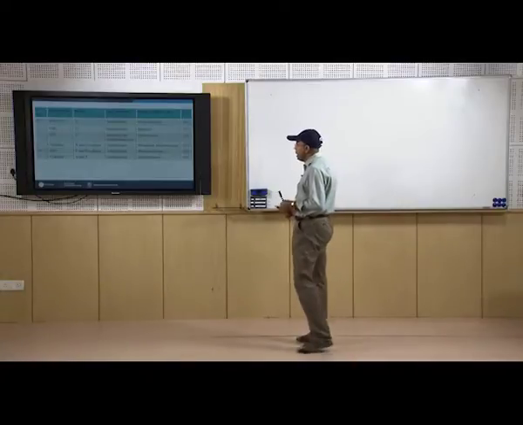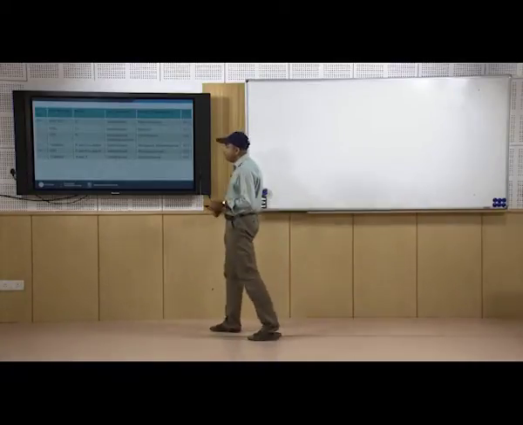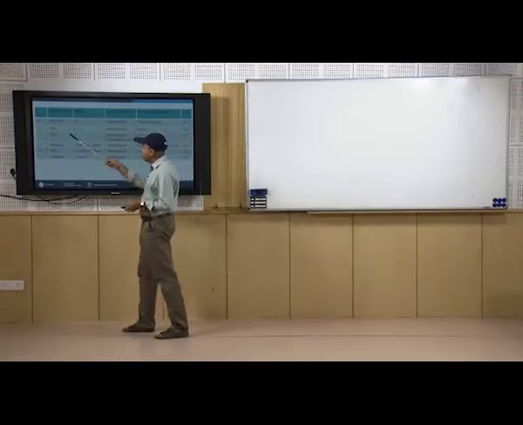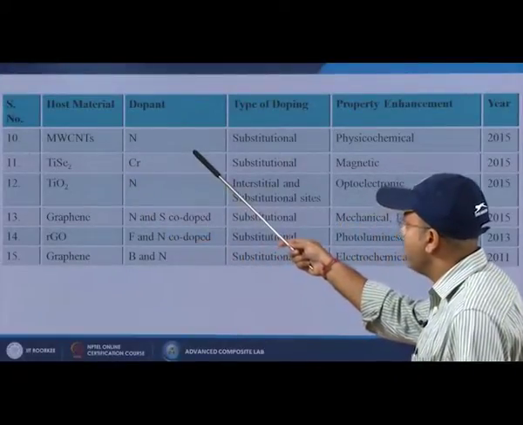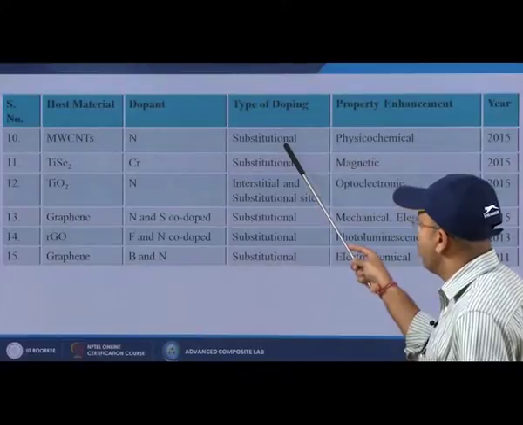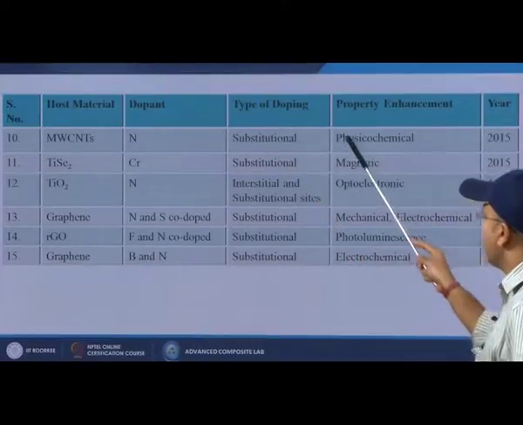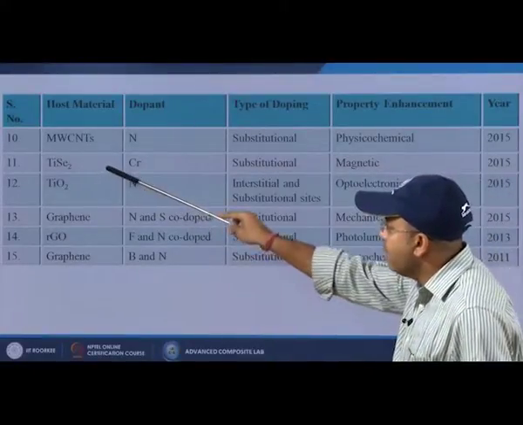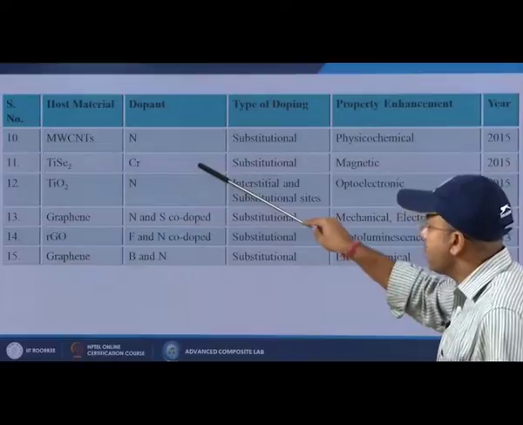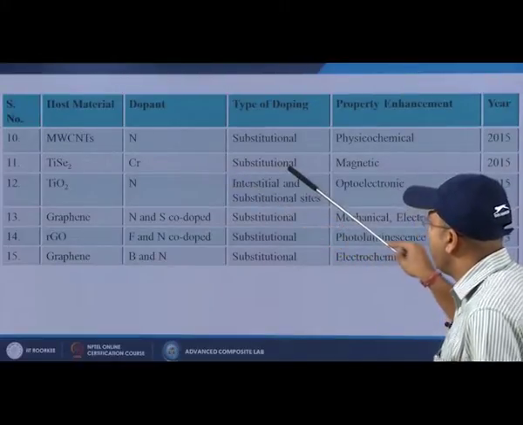Here is the continuation of the last slide, that is multi-wall carbon nanotubes. It has been doped by nitrogen. It is also one kind of substitutional doping. It is increasing the physicochemical properties. It has been done in the year 2015. Then TiSe2, where chromium has been used as a dopant material, substitutional doping has been done.